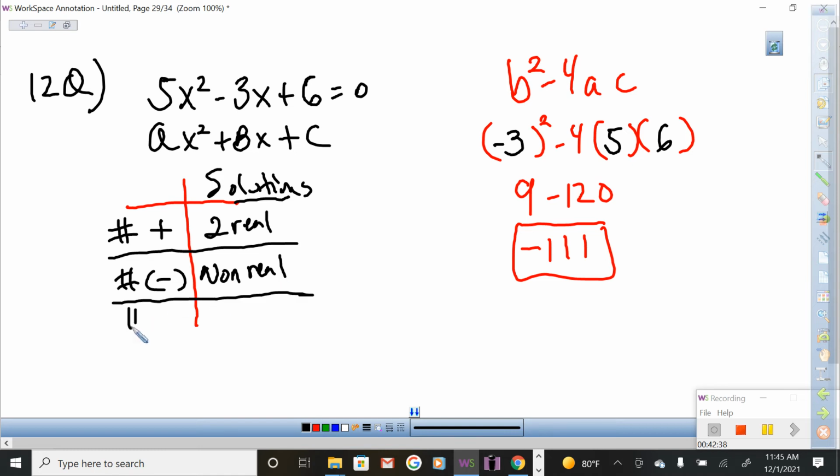And if you get the number 0, you only get 1 real solution. Now, for those of you that forgot, where did I get this b squared minus 4ac from, guys? Quadratic formula. And this is inside of a radical, is that correct? So think about it. If I have a square root and I have a positive number, don't we get a plus minus at the end? Yeah, that's where we get 2 solutions.